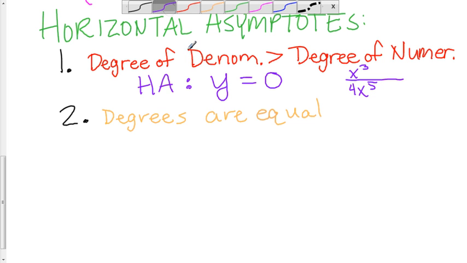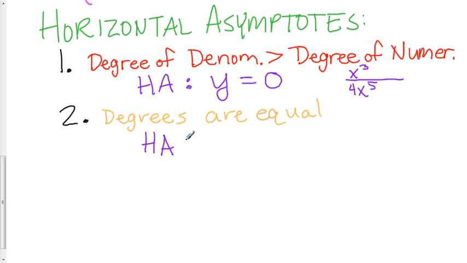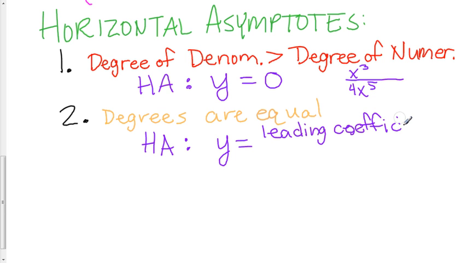If that is the case, where the numerator's degree and the denominator's degree are the same, then your horizontal asymptote is going to be the leading coefficient of the numerator over the leading coefficient of the denominator.